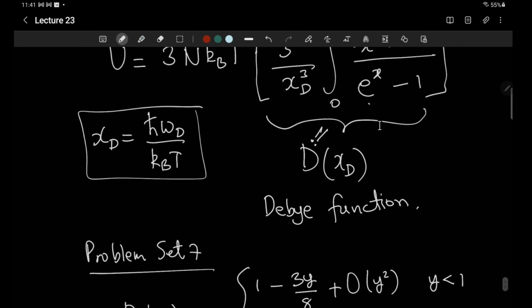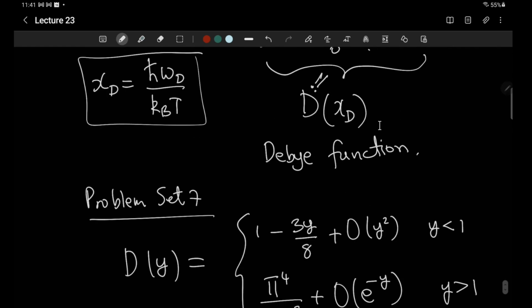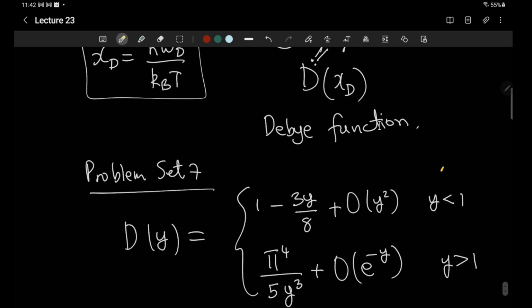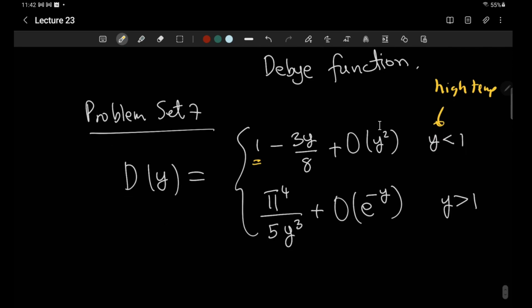Remember, it depends on the inverse temperature. So is y less than 1 low temperature or high temperature? Y less than 1 is high temperature. So this 1 is just what I mentioned, and this is the low temperature.